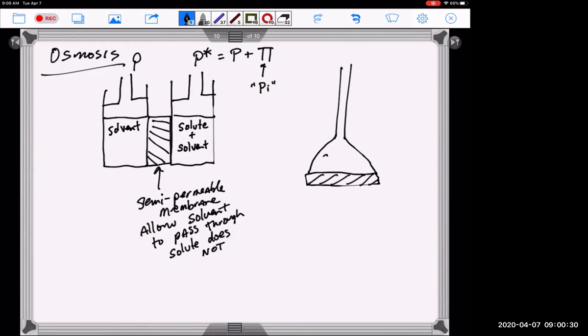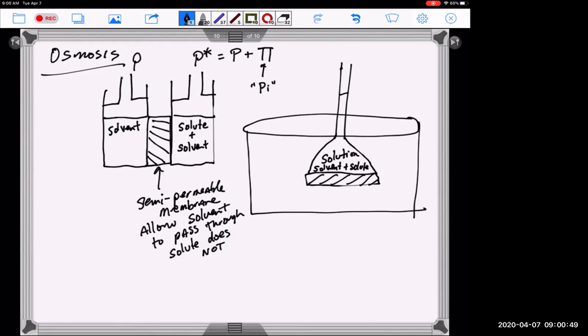So here we have the solution of solvent plus solute, and then here you can imagine a dish of pure solvent. So this distance here is caused by the osmotic pressure. So here's P pushing down.